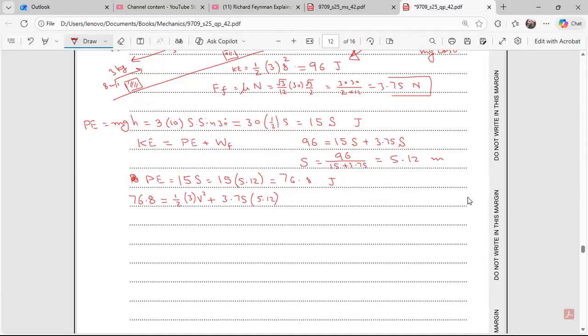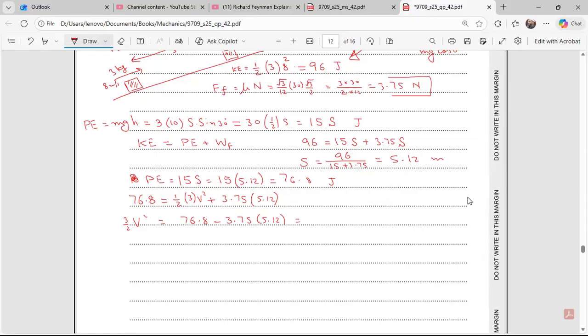And I can solve this equation to find the value of V. You can see that V square times 3 by 2 is equal to 76.8 minus 3.75 times 5.12.